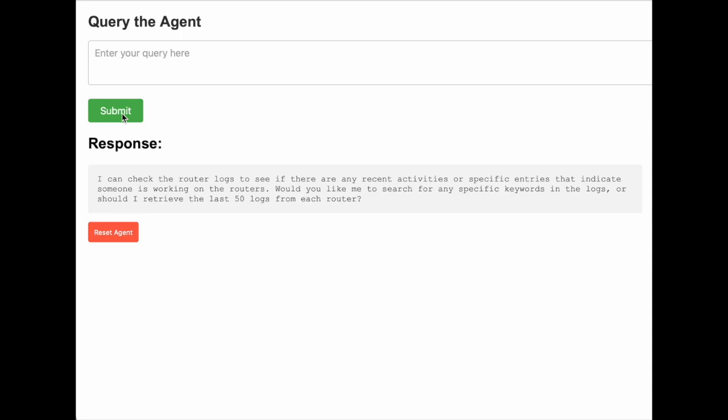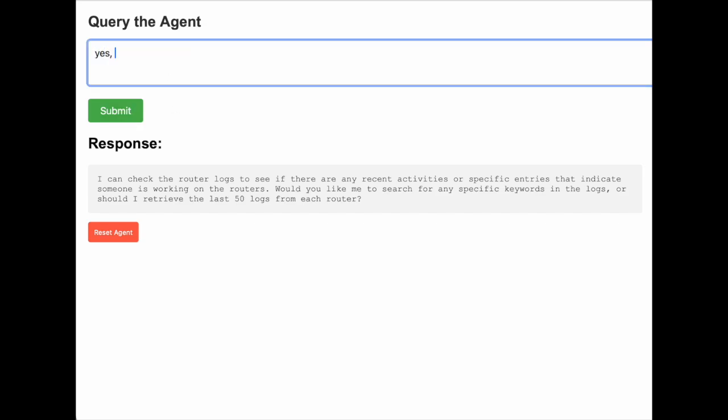I can check router logs to see if there's any recent activity or specific entry that indicates someone is working. Would you like me to search for any specific keywords in logs, or retrieve the last 50 logs from each router? Yes, just retrieve logs and find out.